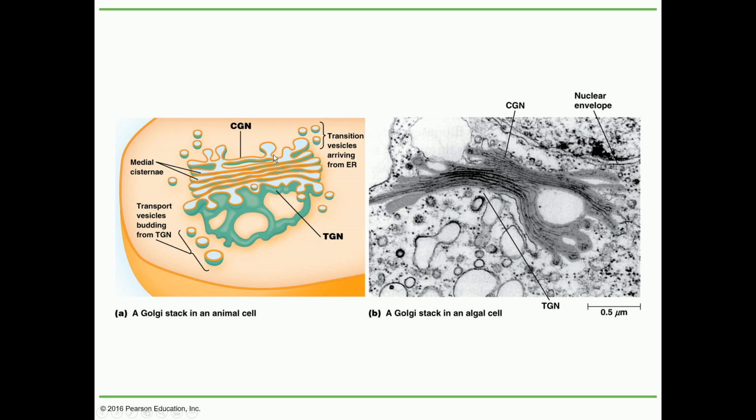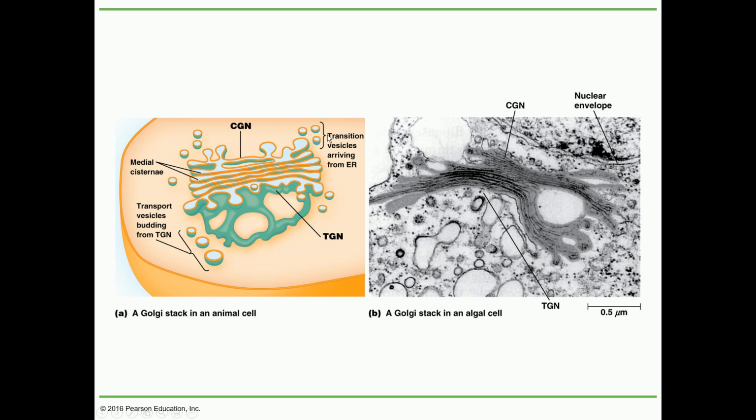These are all made of membrane. The cisternae which are towards the ER are called the cis Golgi network, or CGN. The cisternae which are towards the plasma membrane are called trans Golgi network. And in between, they're called medial cisternae.